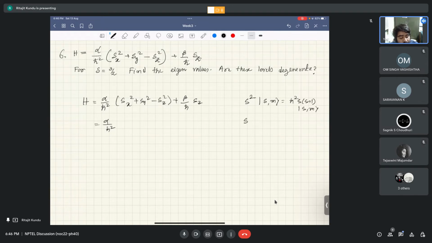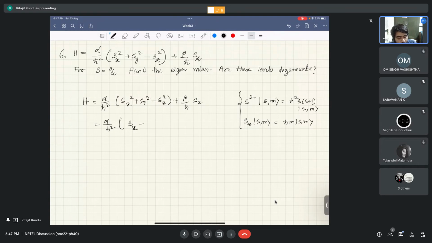And the Sz operator acting on this ket s, m gives you h bar m. These are the two eigenvalue equations that you need to know. All of the other things are really simple. I'll try to manipulate this operator so that I only get s squares and only Sz.